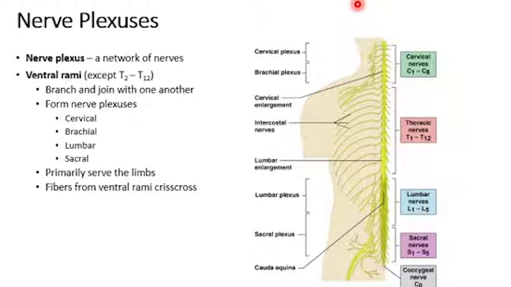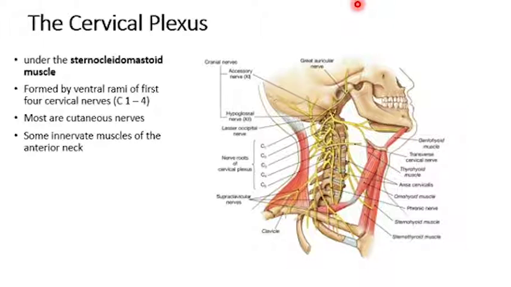So you can localize where the lesion is based on what you see. We'll come along that. Now, the cervical plexus is found right under the sternocleidomastoid muscle and is formed by the ventral rami of the first four cervical nerves. Most of them are cutaneous nerves, but some will innervate the anterior muscles of the neck.